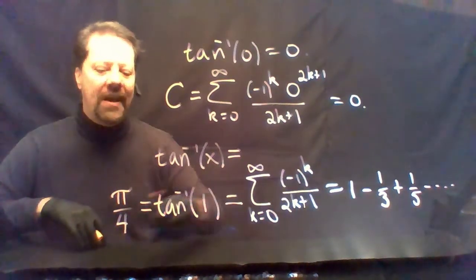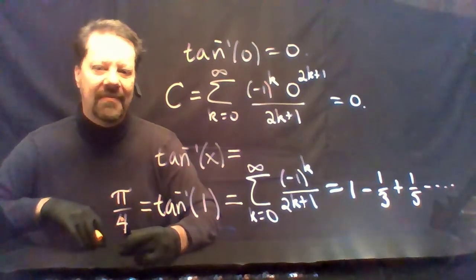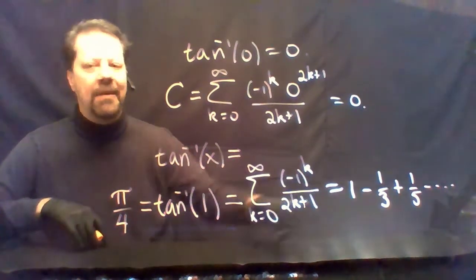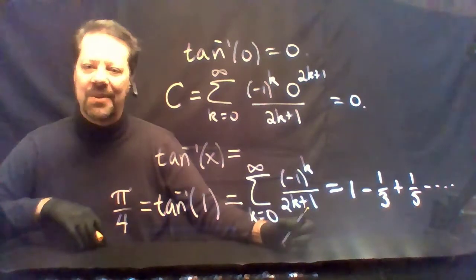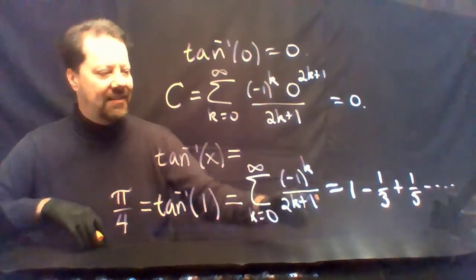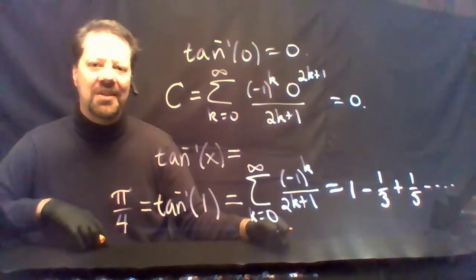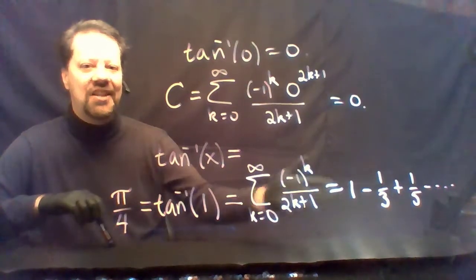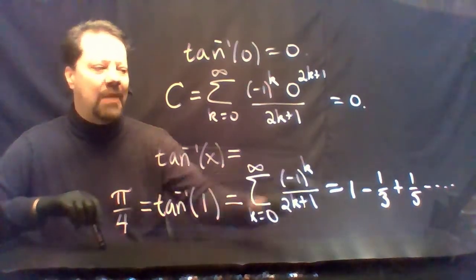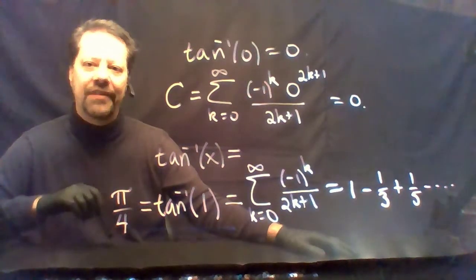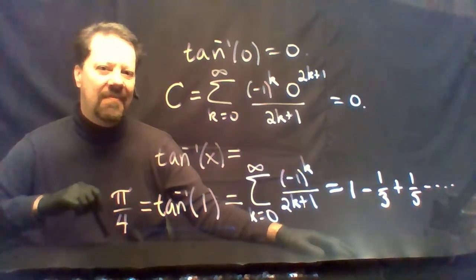This gives us a way of estimating pi. If you multiply both sides by 4, you get a representation for the number pi as 4 times this series. It is a little intriguing that we can represent the number pi as a series involving only these rational numbers.